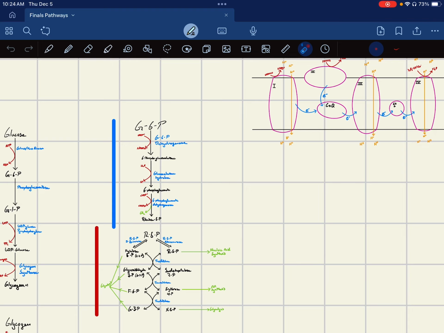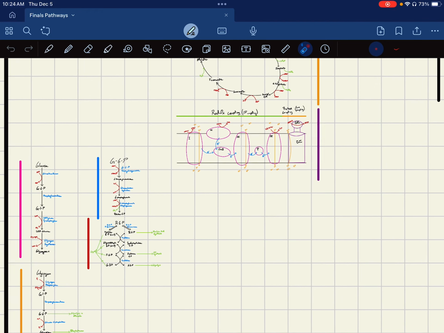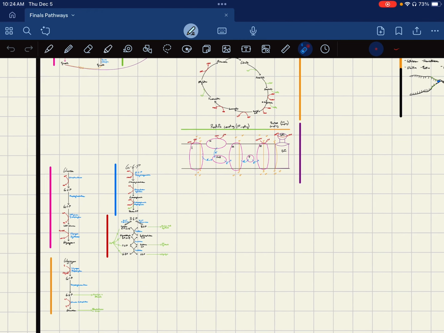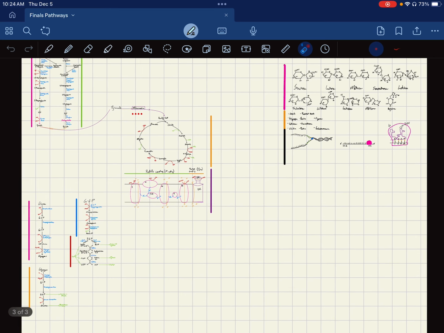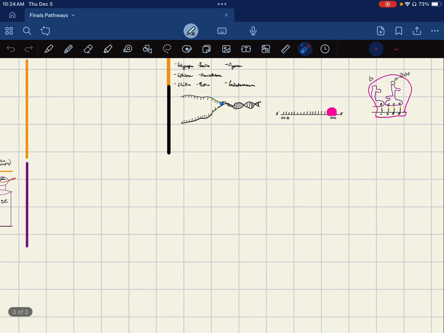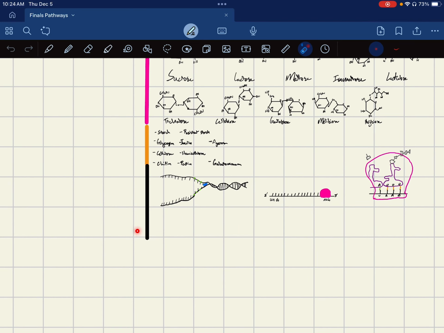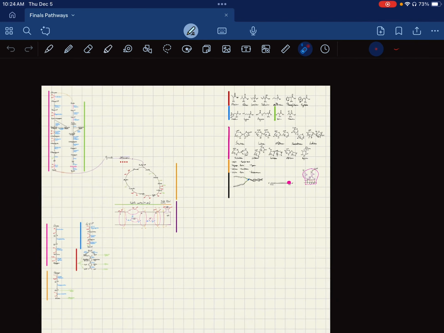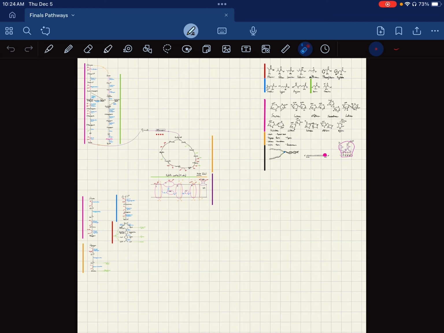Foreshadowing something we'll talk about later in the semester, this R5P synthesis is going to get used when we talk about DNA and RNA synthesis, because that's a very important step when getting those nucleotides and all that good stuff, so that our DNA is able to split and replicate itself.